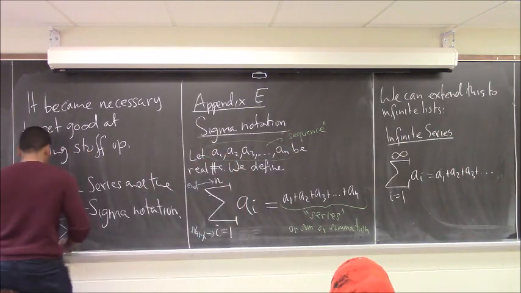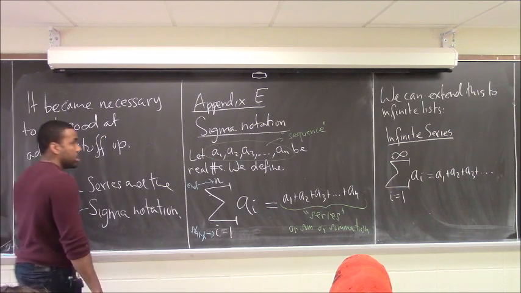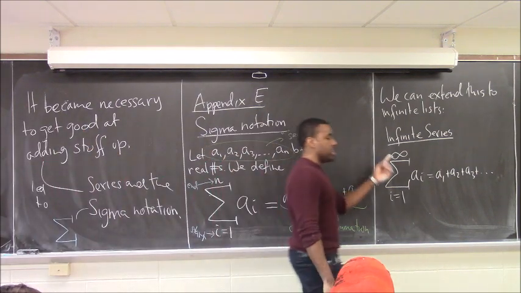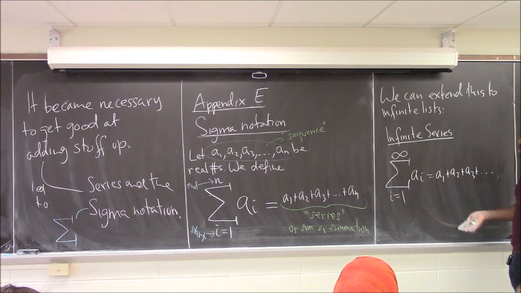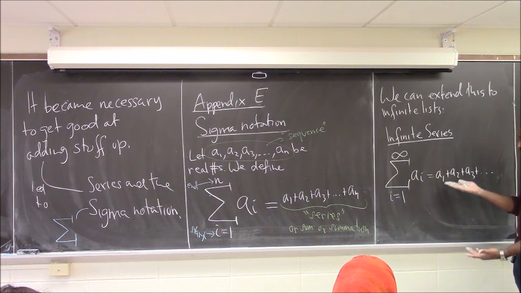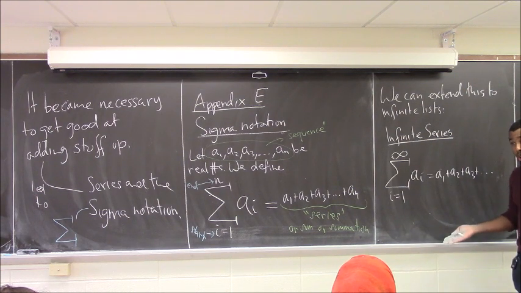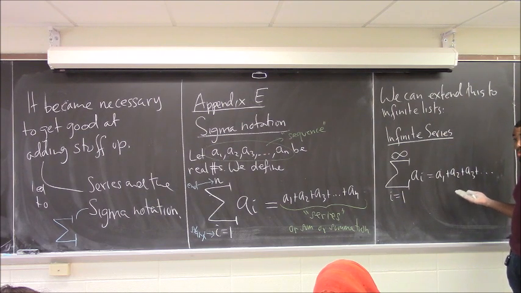Now, a couple things here is once you start throwing infinity into things, things stop making sense in the conventional way. So some people might think, well, if you're adding up, this should only make sense if all the numbers are 0, because if you're adding up a bunch of positive numbers, it'll always just go off to infinity. It won't make sense. It's not a thing that we should care about. That would be wrong. You can add up an infinite number of positive things and not go off to infinity, or negative infinity.